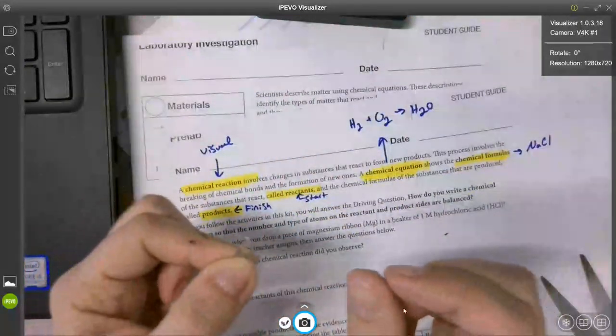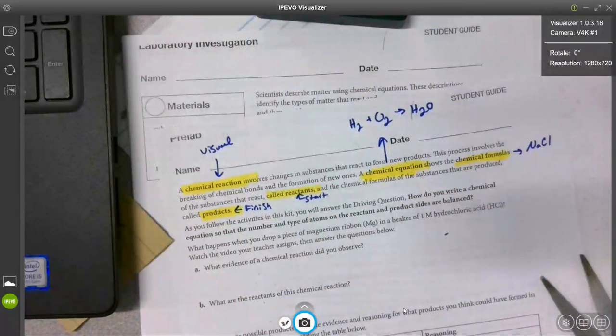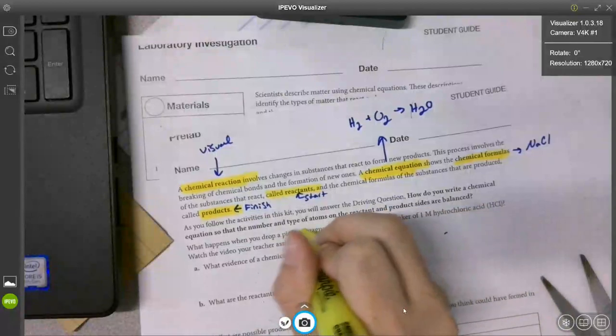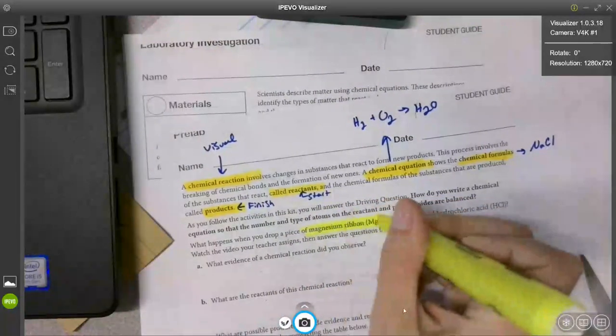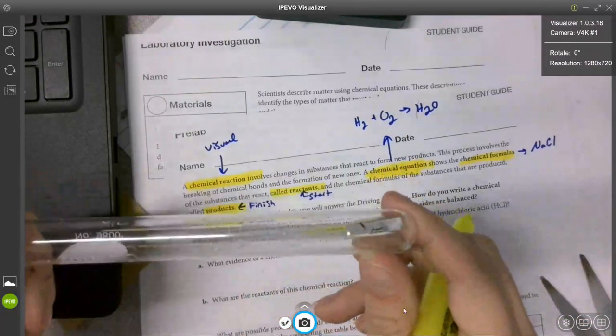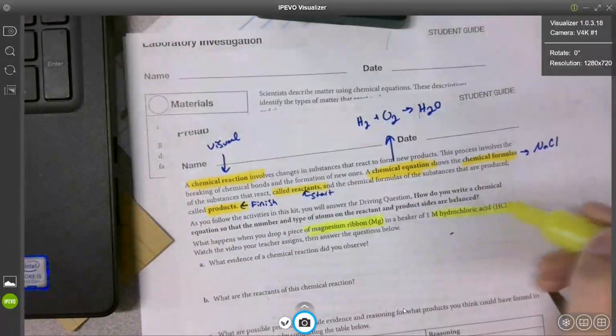So here's our little piece of magnesium. And starting off, magnesium is going to be considered your first reactant. So I'm going to mix my magnesium metal here with hydrochloric acid.